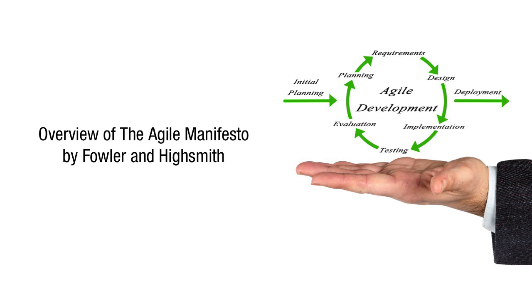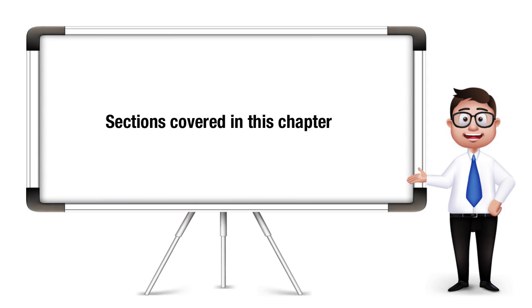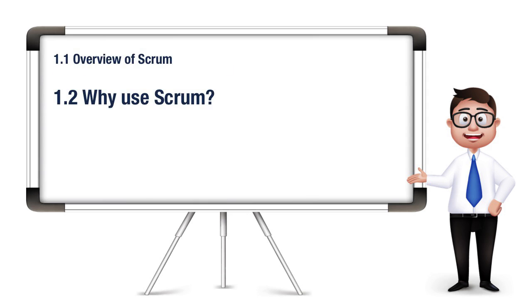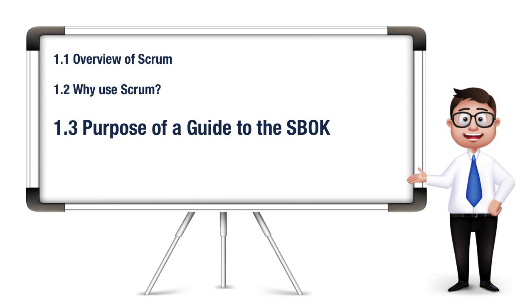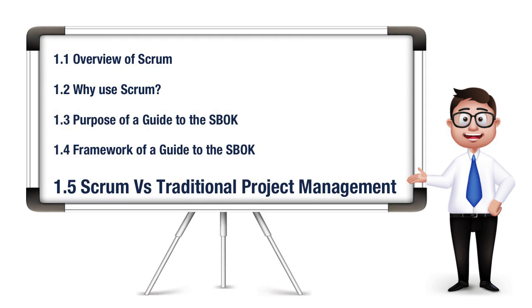Finally, Appendix A contains an overview of the Agile Manifesto by Fowler and Highsmith and a discussion of various Agile methods for those who want more information about Agile. The sections covered in this chapter are 1.1 Overview of Scrum, 1.2 Why Use Scrum, 1.3 Purpose of a Guide to the SBOC, 1.4 Framework of a Guide to the SBOC, and 1.5 Scrum versus Traditional Project Management.